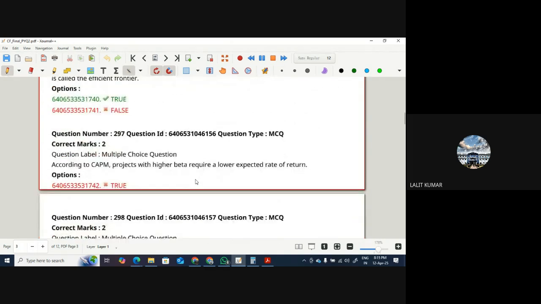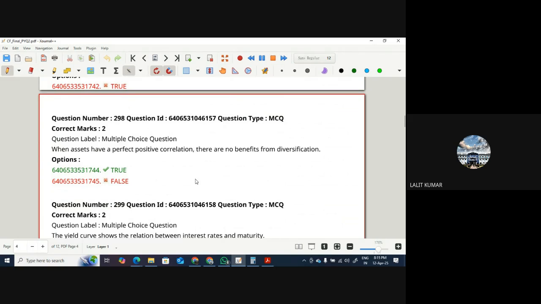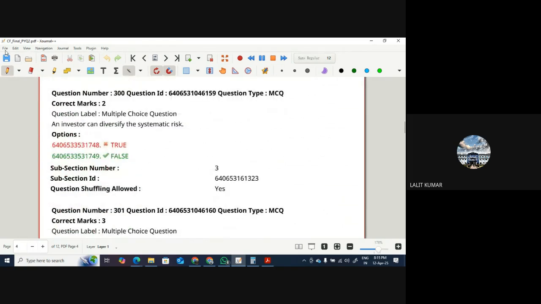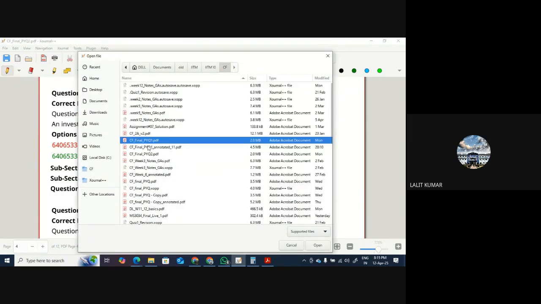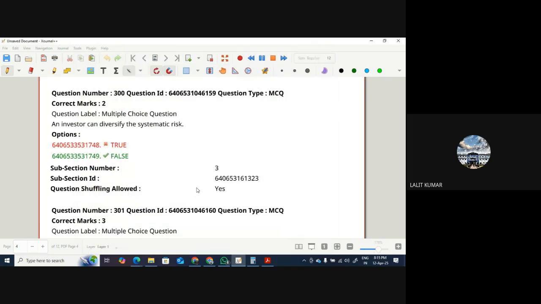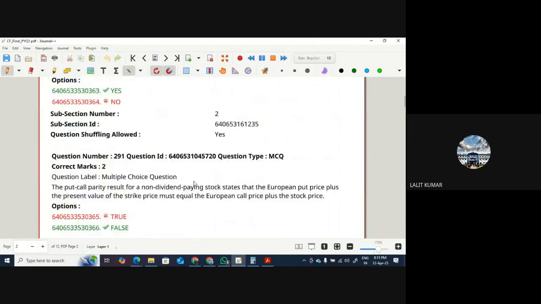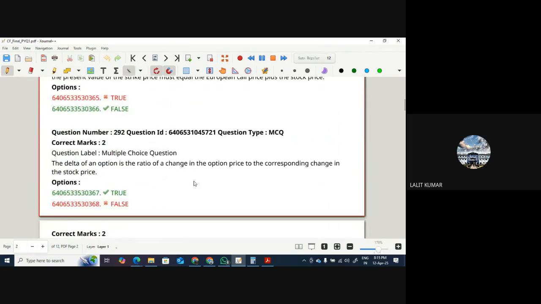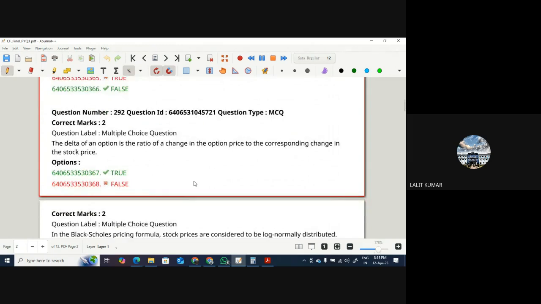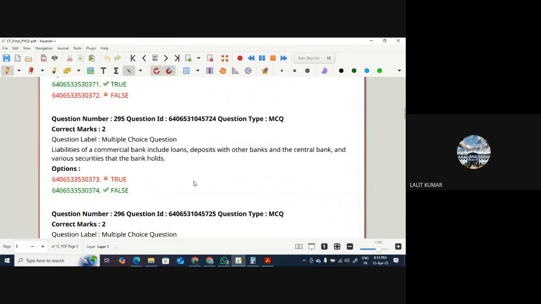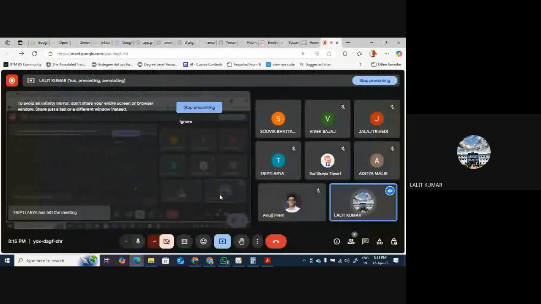I think this is the same question. Let's check. Okay, so there are no differences. I think the question paper is the same. Anybody wants to ask any question from GS, PAs, or from any B, or discuss any concept here?